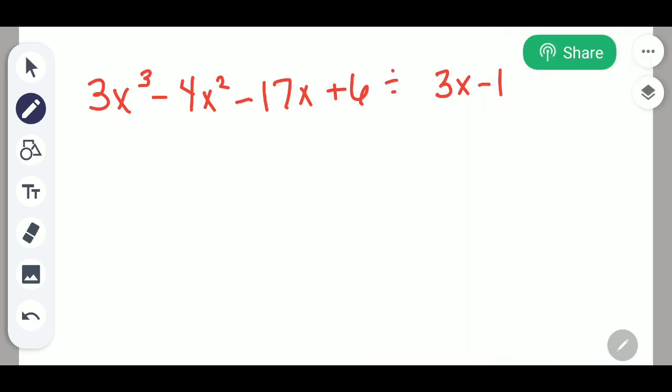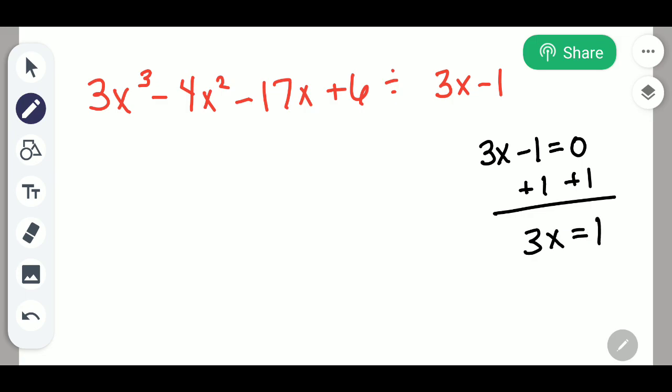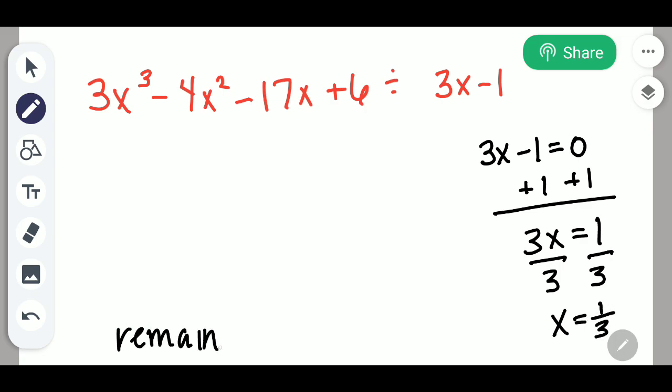Again, the first thing you want to do is set your divisor 3x minus 1 equal to 0. Solve for x. So add 1. 3x equals 1. To get x by itself, we've got to divide by 3. X equals 1/3. Our final result, we want our remainder.